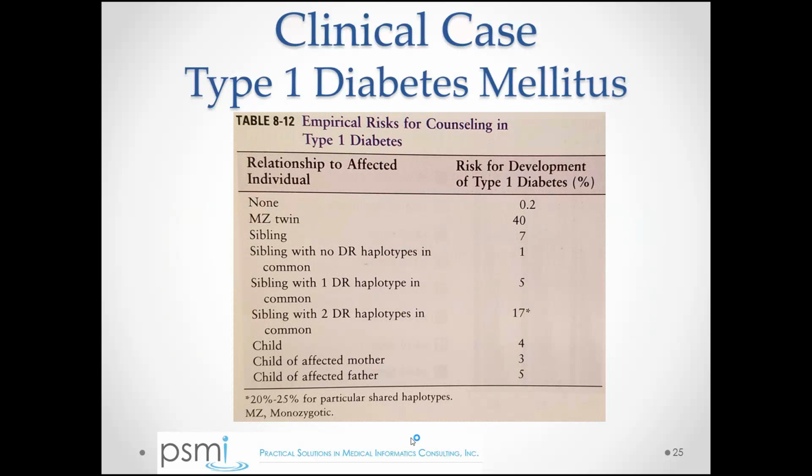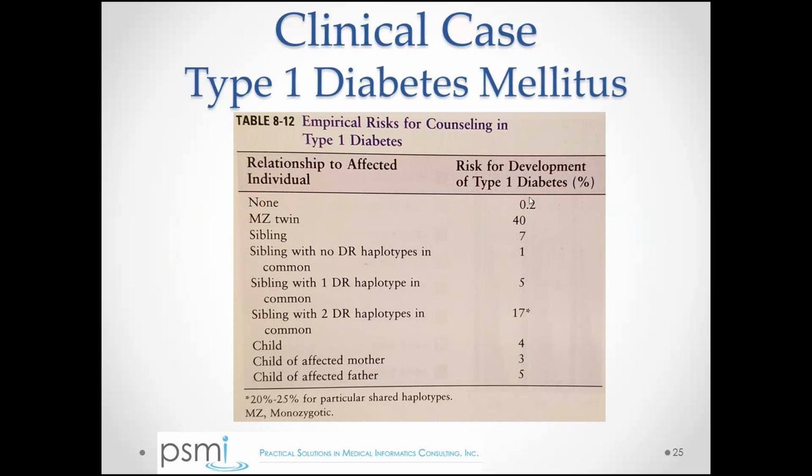And again, when we look at the risks for diabetes, we'll see that the risk for developing type 1 diabetes in the general population is 0.2%, but in monozygotic twins it's 40%, and in siblings it's 7%.